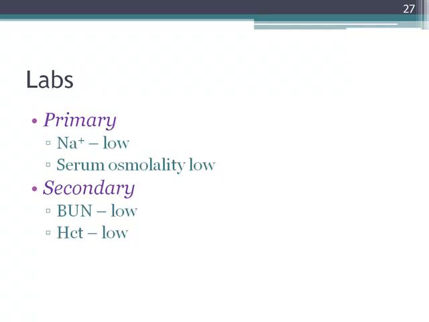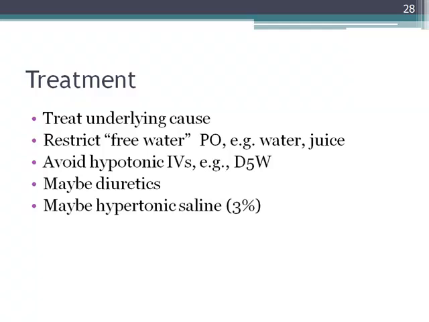Here, the sodium level is going to be low because it's a reflection of our osmolality. We're more dilute. And then the BUN and hematocrit will also be low because we're more diluted up, diluted down, diluted out. Again, we want to look at the underlying cause. And here's when we look at a free water restriction. And you just have to check with your facility policy and see what they classify as free water.